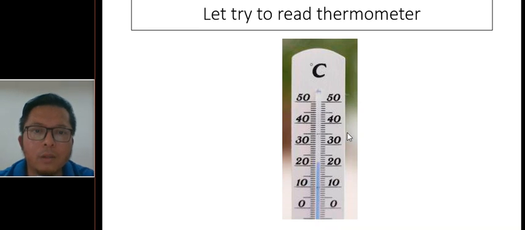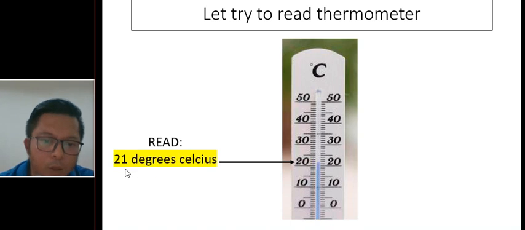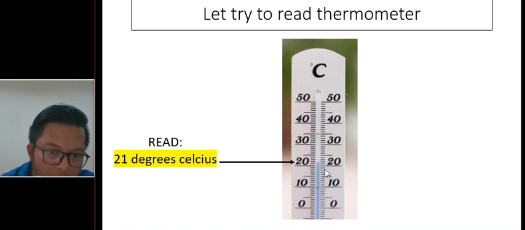So what temperature does this thermometer read? 20, 21, and 22. 21. Oh, 21 and a half. Maybe almost 22, but not yet. Yes, let's take a look.